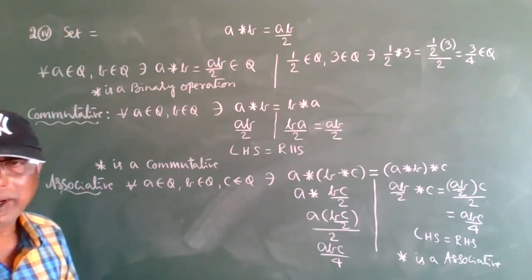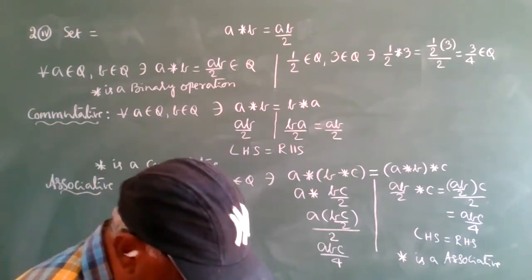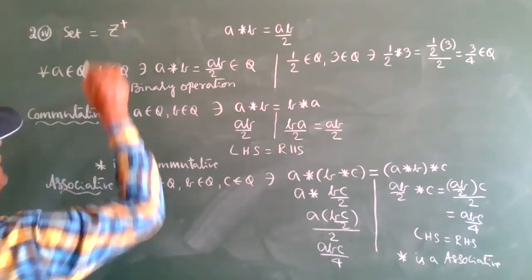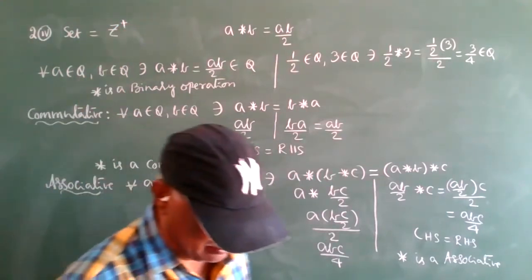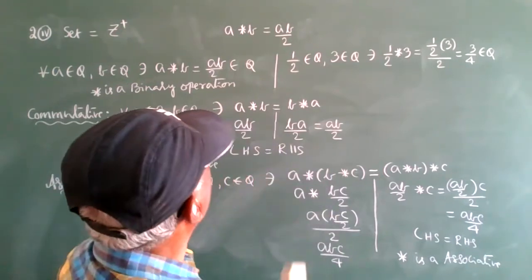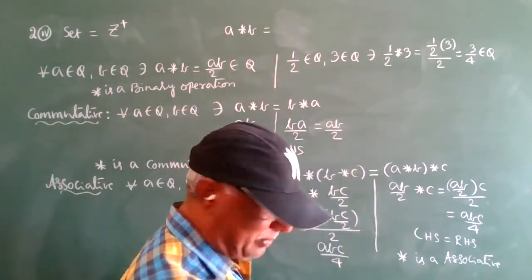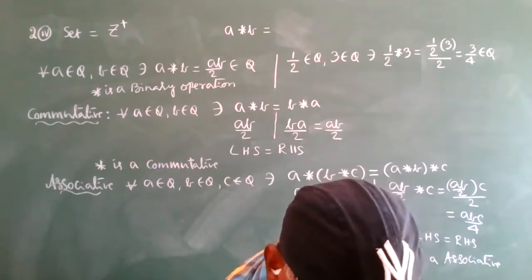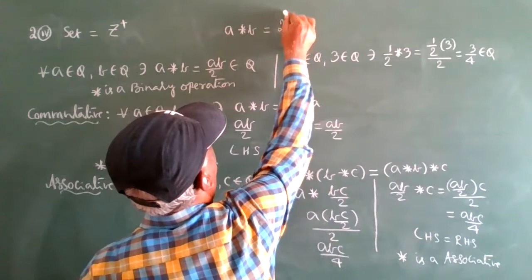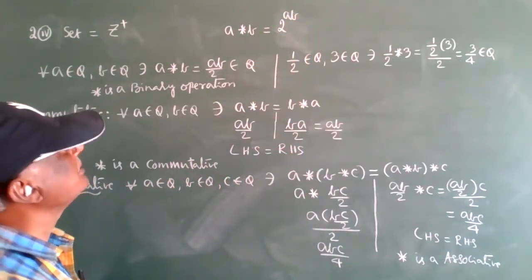The given set is Z plus, and A star B is defined as 2 power of AB. Check binary operation.